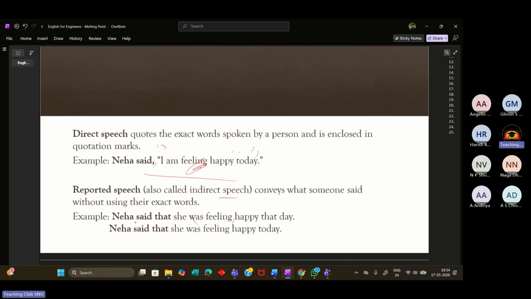For example, if you say Megha said that she was feeling happy, this is what you interpreted, and you are saying this to a third person about Megha. So this is reported speech.